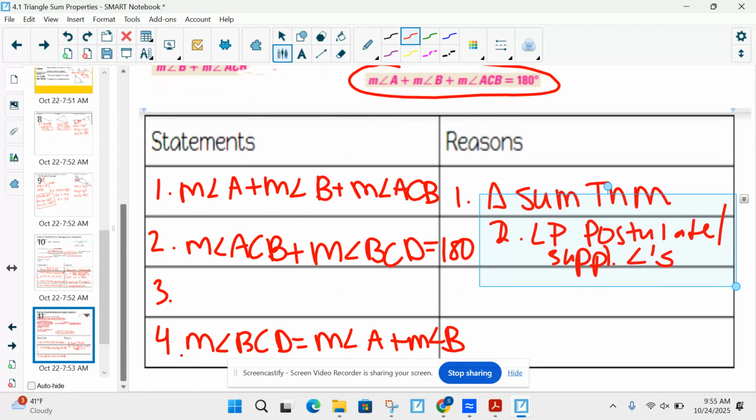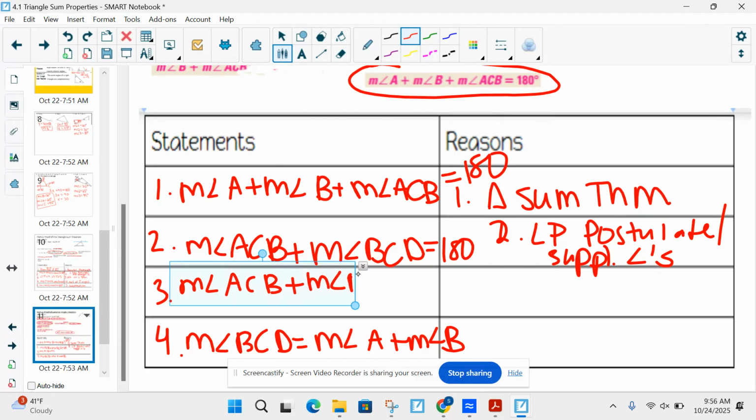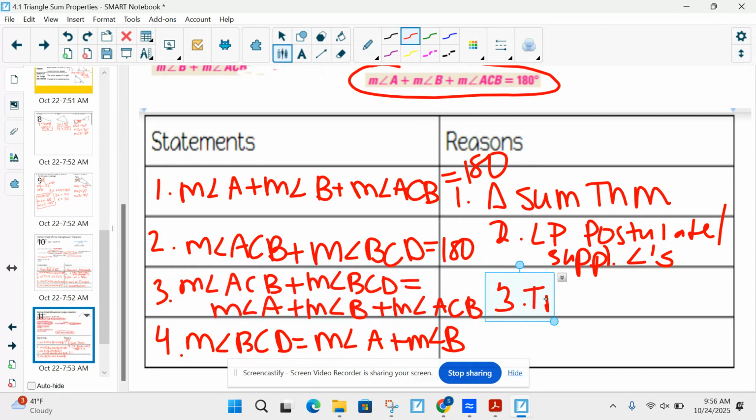So since they're both equal to 180, we're going to set them equal to each other. So measure of angle ACB plus measure of angle BCD equals measure of angle A plus measure of angle B plus measure of angle ACB. And that is transitive property.